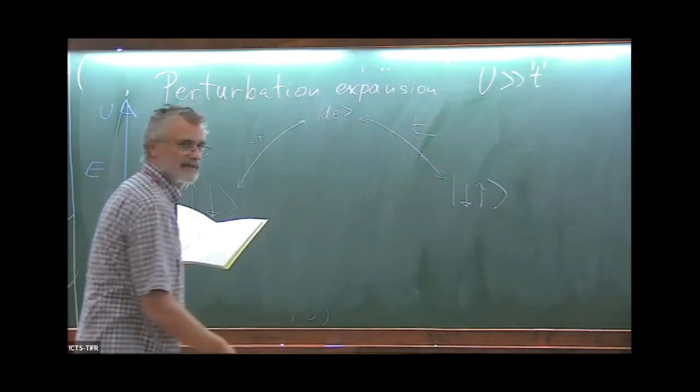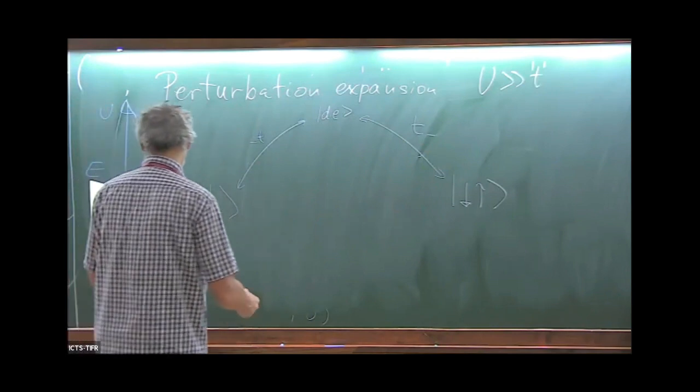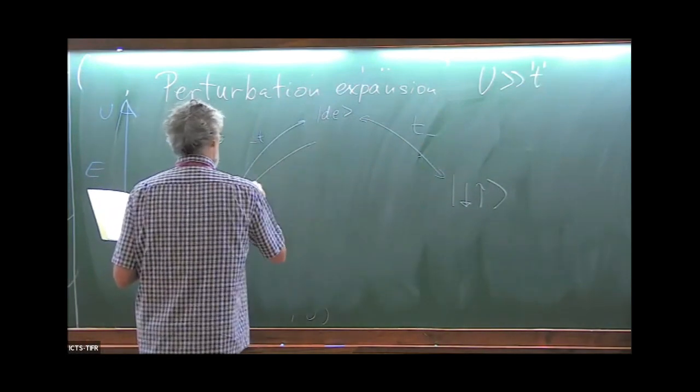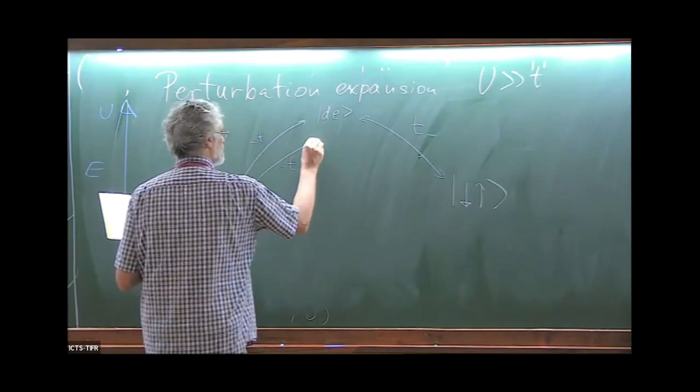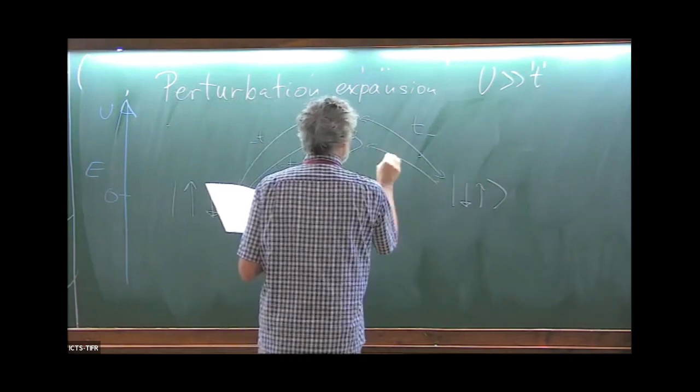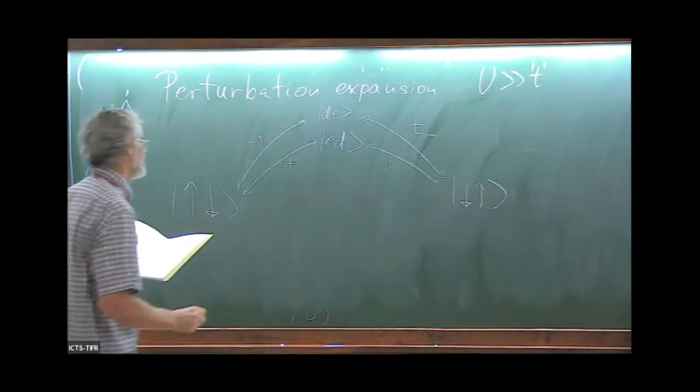And this will be amplitude t. This is what we calculated, but you can get it differently. Similarly, there is a minus t amplitude that we go to the empty-double state, and it will connect with t to these states here.